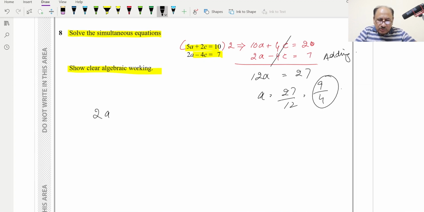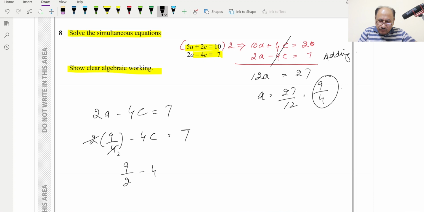We can replace in either of the two original equations, so I am replacing in the second one. So 2 into 9 by 4 minus 4c is equal to 7. So 2 will be cancelled with 4. So 9 by 2 minus 4c is equal to 7.